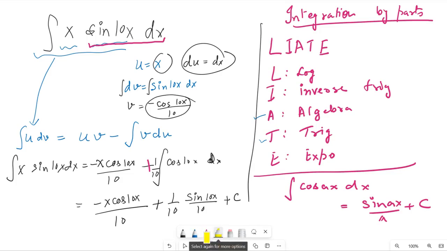And if you notice, this 10 times 10 will become 100. So we have our answer for the given integral.